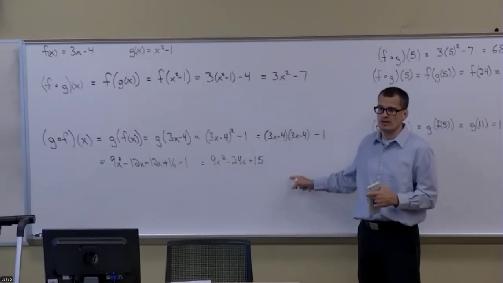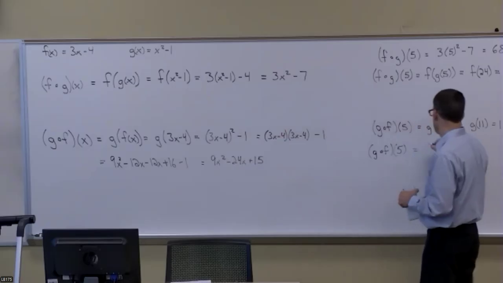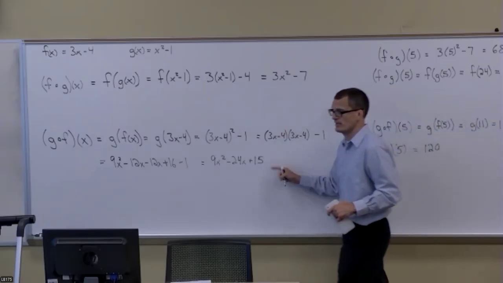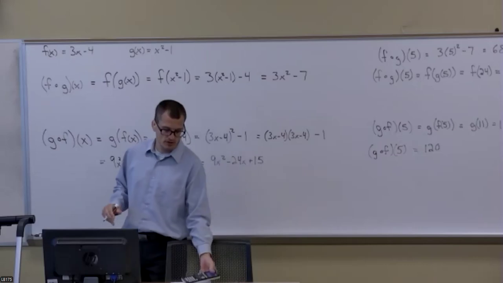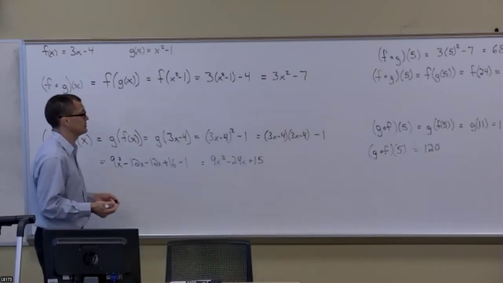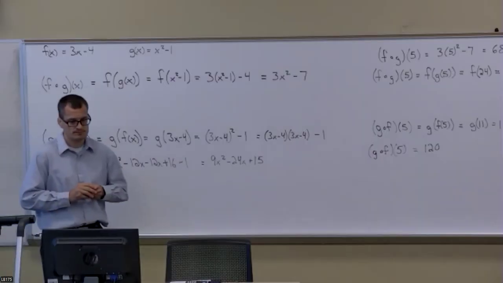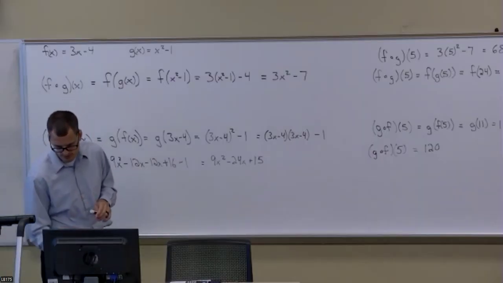Sure enough, I got 120 again. Right? I plugged in that. I'll write it down. Plug it in there. I got 120. So that's a good confirmation that I've done both of these correctly. Both processes.